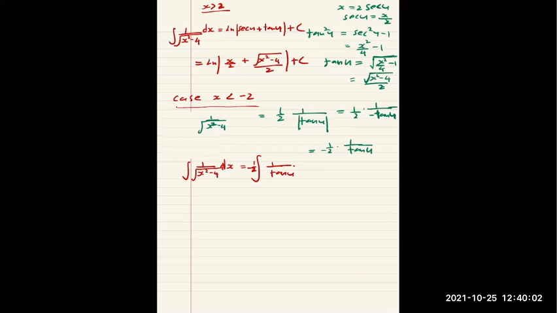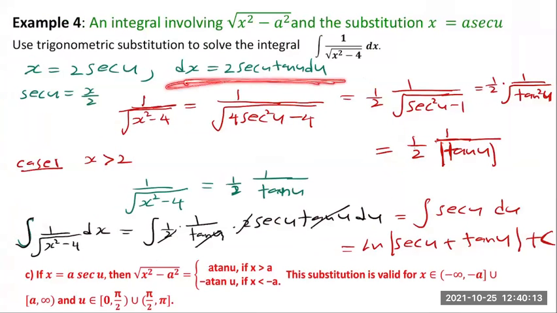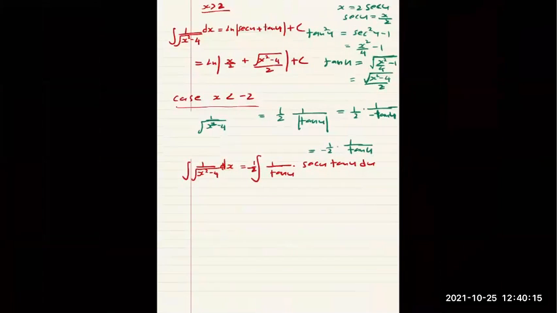My dx is, remember, from the previous slide, dx is 2 secant u tan u du. Of course, you need to have 2 here. Notice that again, this 2 and this 2 will be cancelled. You get minus times integration. Of course, the tan u is cancelled in here as well. Tan u cancels. Secant u du.